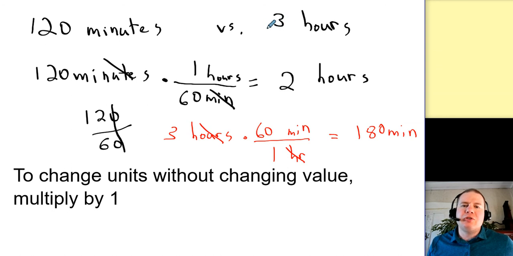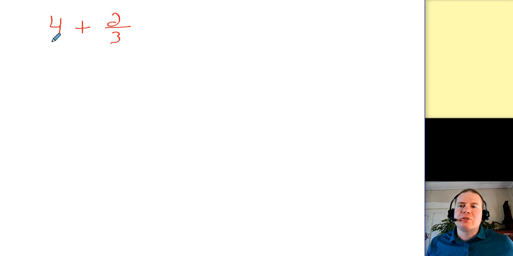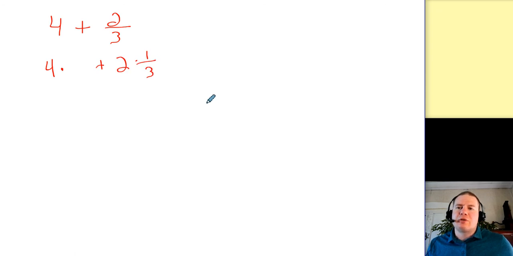If I want to add these two, I'm either adding 120 minutes to 180 minutes, 300 minutes, or I'm adding 3 hours to 2 hours, 5 hours, 300 minutes, same difference. But I'm not adding 3 to 120 or 2 to 180 because the units don't match. I can't just add 4 and 2. I need my units here to be the same as my units here.